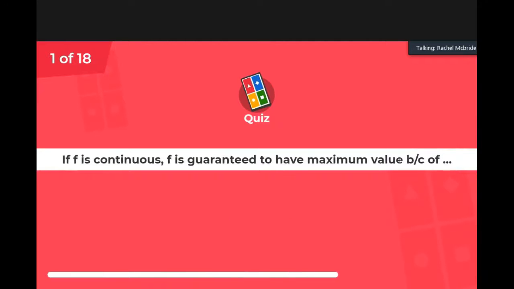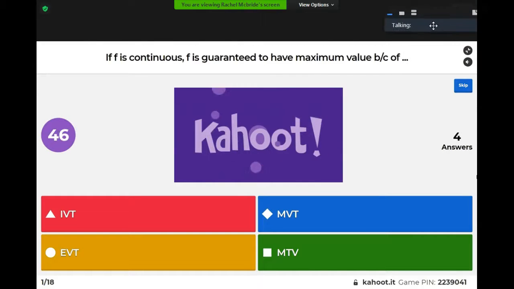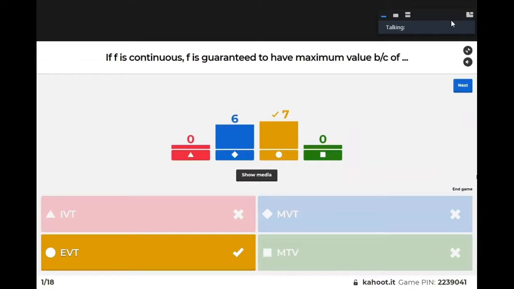If f is continuous, f is guaranteed to have a maximum value because of what theorem? Okay, the correct theorem is EVT, the extreme value theorem.